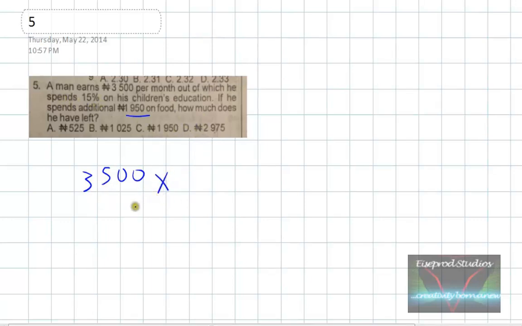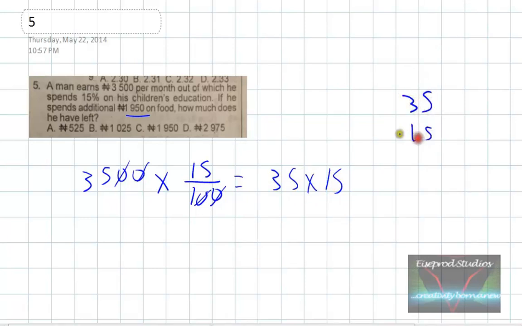So you could either do times 0.15, which could get tedious, or you can just do 15 over 100, right? Because percent means out of 100. So this means that you can cancel these zeros here. And you're left with the problem of 35 times 15. Okay, we can do that. Times 15. So 5 times 5 is 25. Bring up the 2. And then I'll work over here.